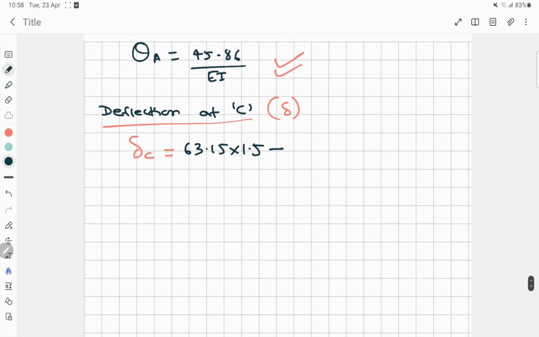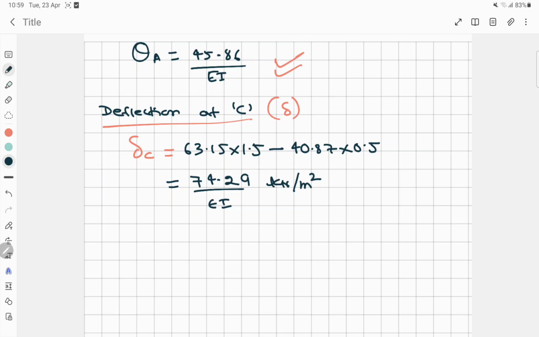That is 40.87 into 0.5. So from here we can find the deflection at C, that is 74.29 by EI, kilonewton meter cubed.